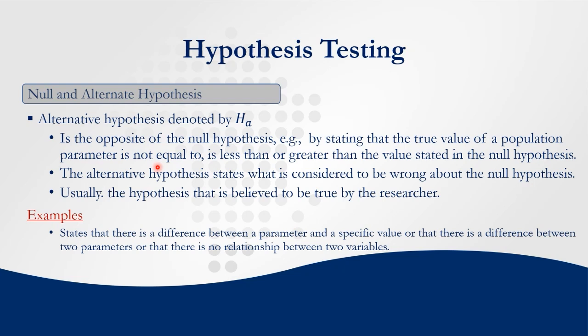The alternate hypothesis is what is considered to be wrong about the null hypothesis. As I've said, it is what the researcher believes to be true. So the researcher will say the prevalence is high. The null hypothesis will be conservative, and with our data, we hope that we can reject that conservative null hypothesis.